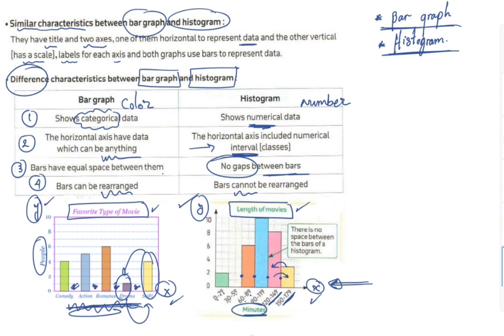But in a bar graph, no problem to put romance before action and action after romance. In a histogram it must be the same order, because it's numbers as intervals. These are the 4 points of difference between a bar graph and a histogram. Okay, go to next.